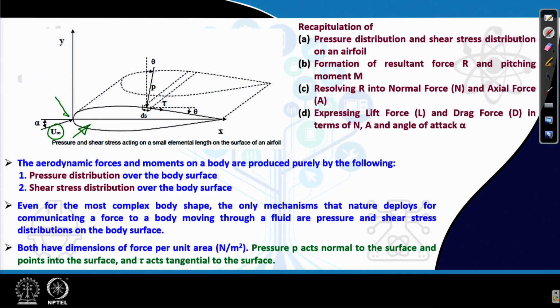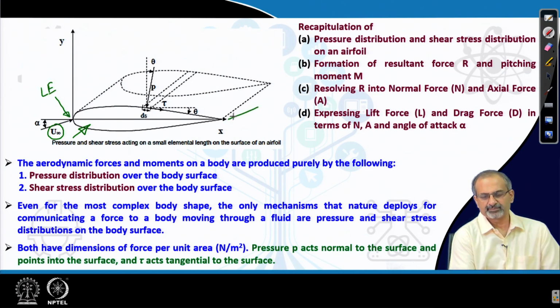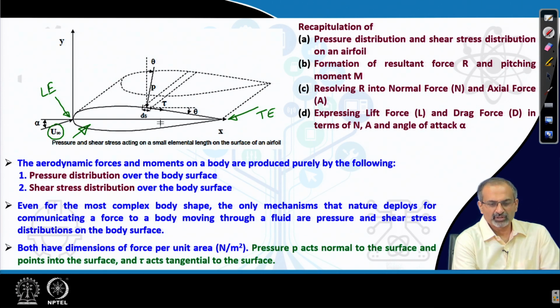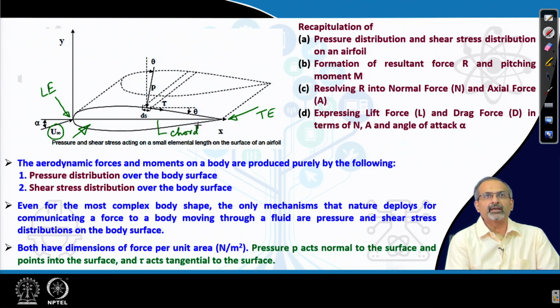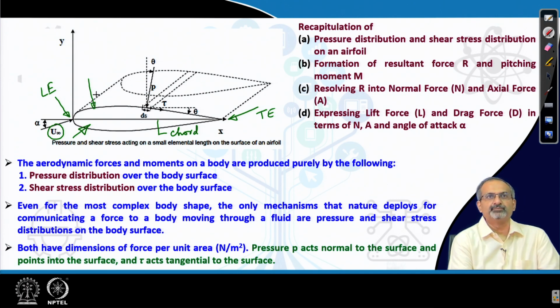It has a leading edge and a trailing edge, and the straight line which connects the 2 points on the airfoil is the chord. So, the airfoil shape is formed by having a certain amount of thickness disposed about the chord.